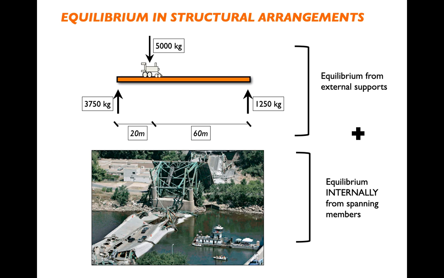We don't have any horizontal forces. We're not, in this case, apparently taking into account wind or earthquakes. But if you look too, you'll notice that those two reactions, the 3750 and the 1250, are arrayed in such a way that they balance one another out around the locomotive. What do I mean by that?